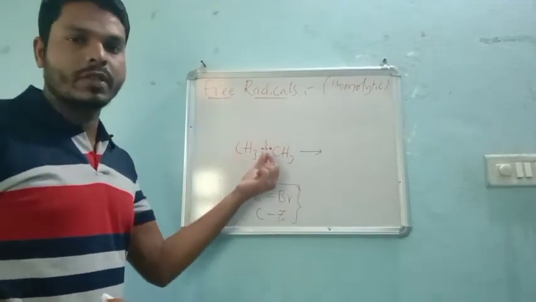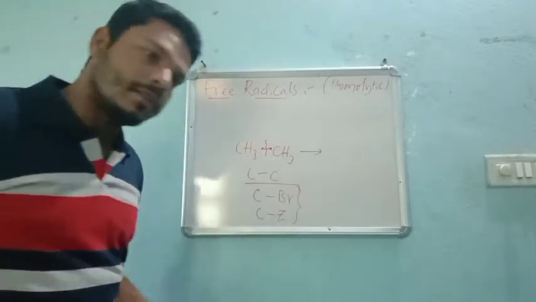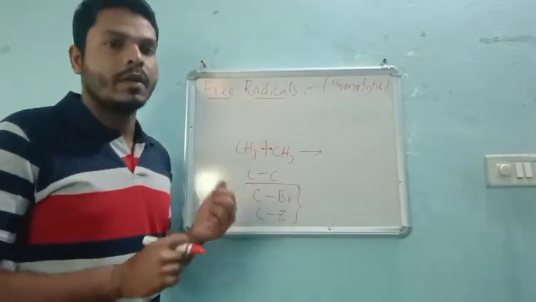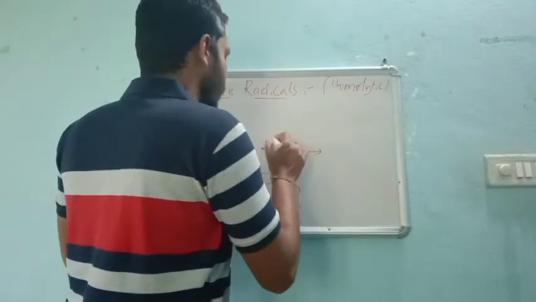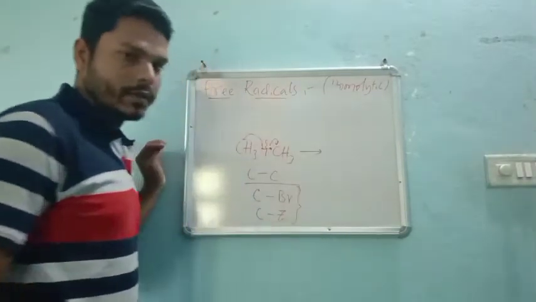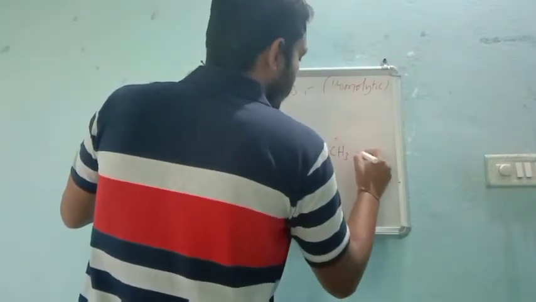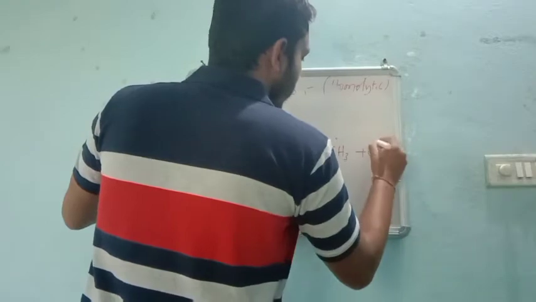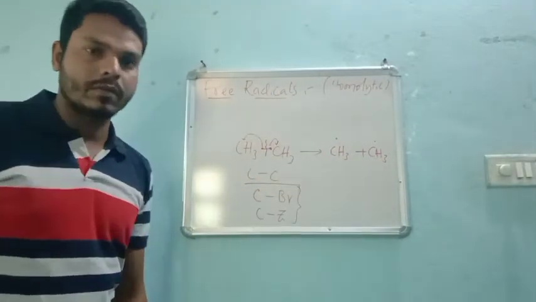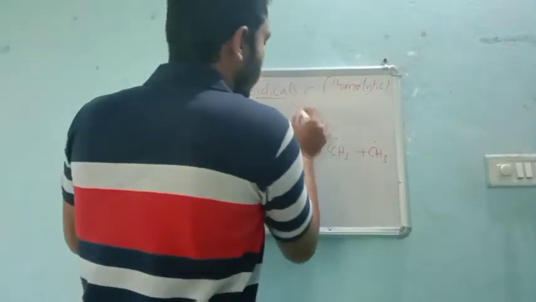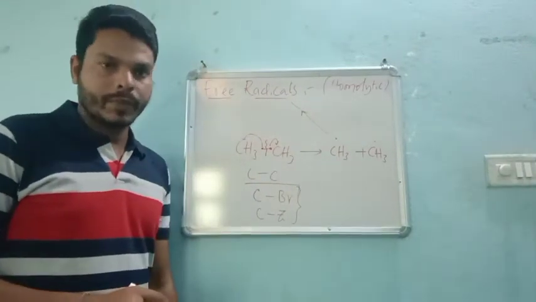Same element means same energy. Same energy means among these two electrons, one carbon will take one electron and the other carbon will take the other electron, like this. So now CH3 with an unpaired electron, a dot you can say, and one more CH3 with an unpaired electron. Such species are simply called free radicals, right?